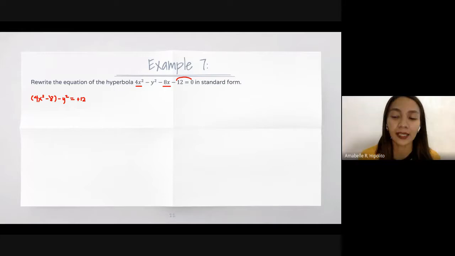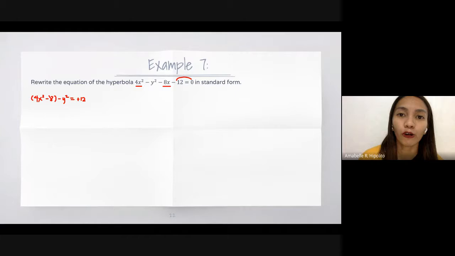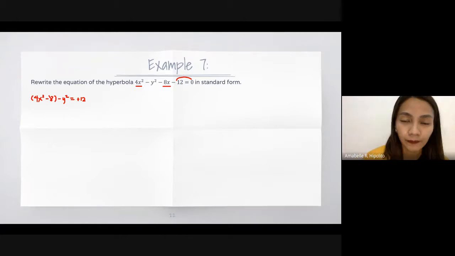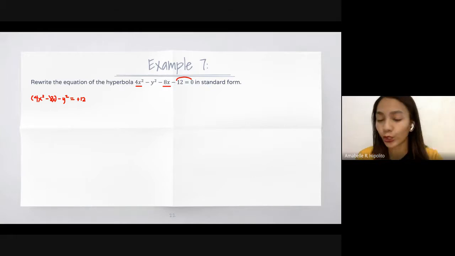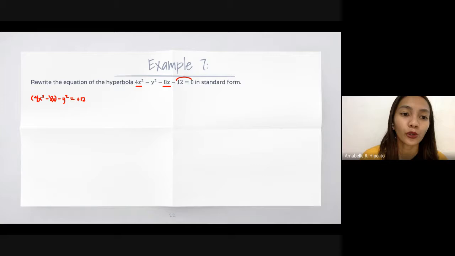Okay? Next, factor out the numerical coefficient of x squared or y squared. So, since x squared yung nandito, we can factor the numerical coefficient. So, ano yung common sa 4 and 8? Common nila is 4, di ba? So, i-factor out natin.